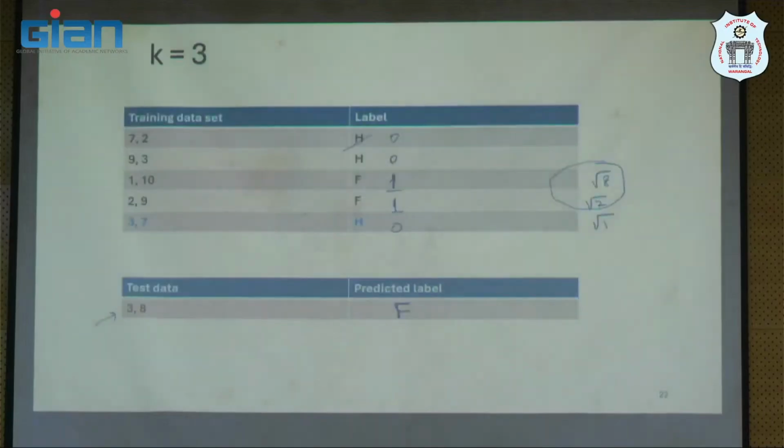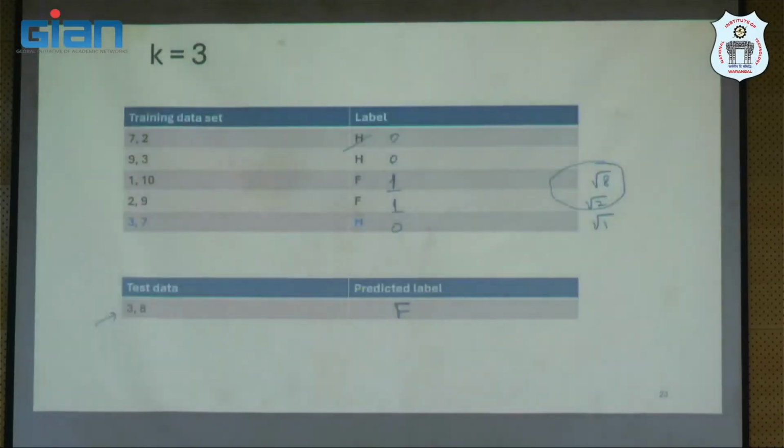So the problem now changes to how to choose k. So I have taken a simple example for the sake of time, but in general what we will be doing is a method.